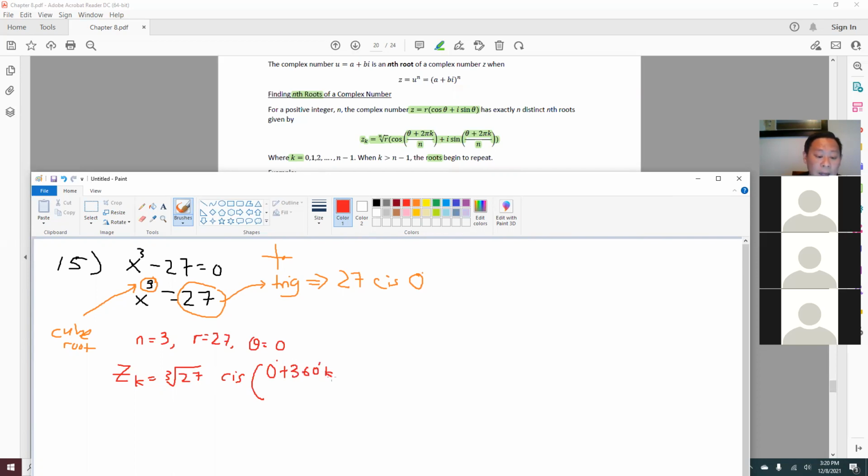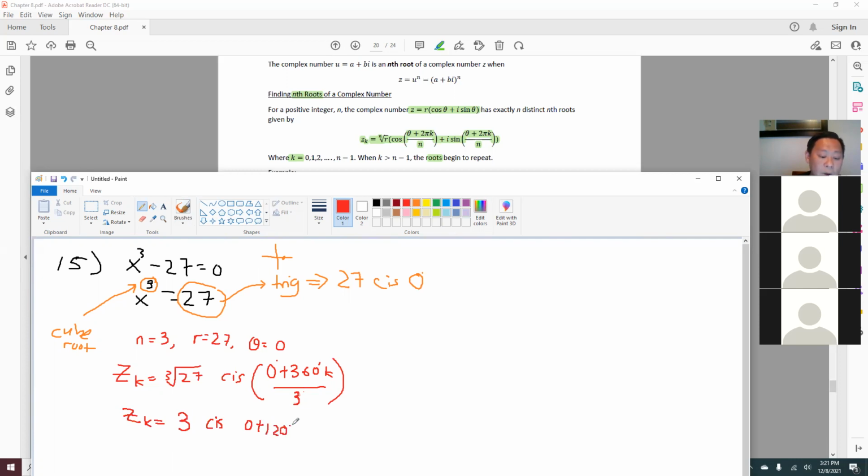Our n in this case is 3, and then we reduce this fraction. Does anyone know what is the cube root of 27? That will be 3. Now 0 divided by 3 is still 0. 360 divided by 3 is 120 degrees.